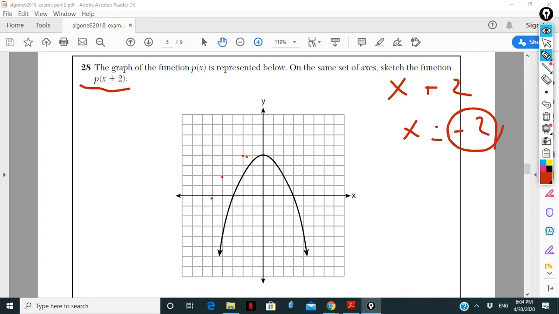I use the easy points, the same here, taking the points that are on the grid. After that, I'm going to connect them. That's the movement, because I have a left shift.